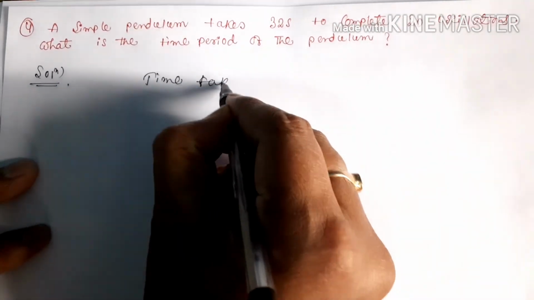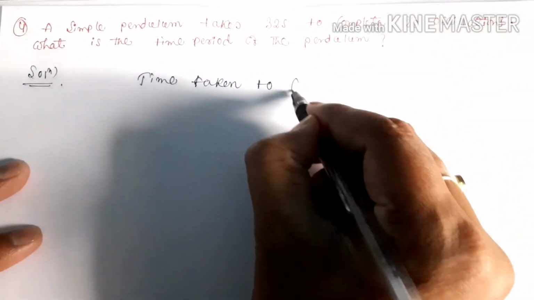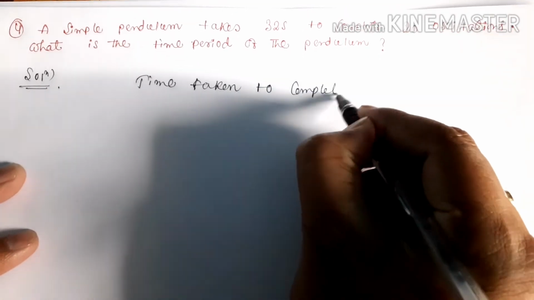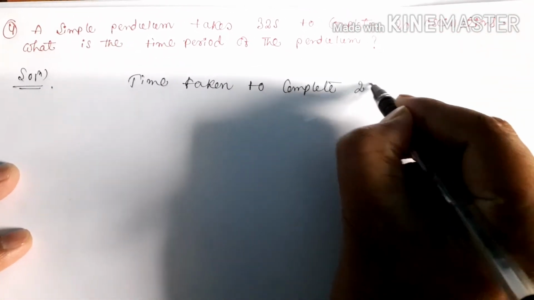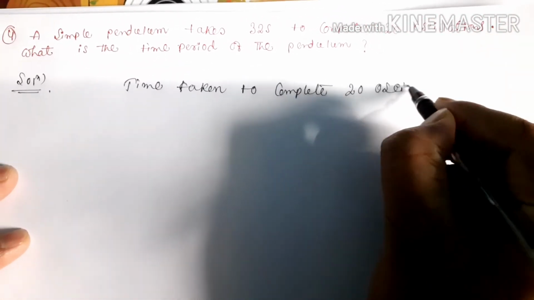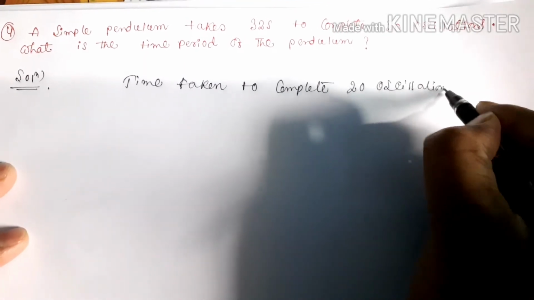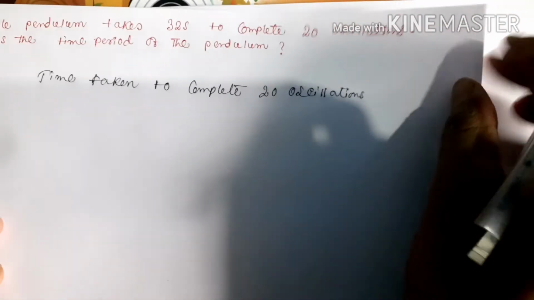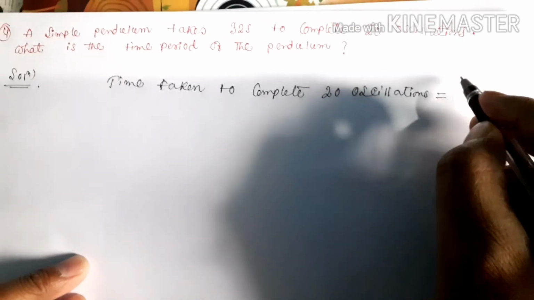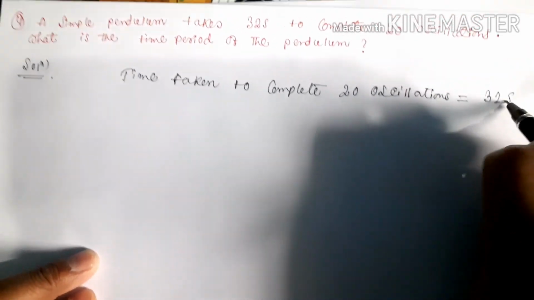Time taken to complete 20 oscillations is equal to 32 seconds.